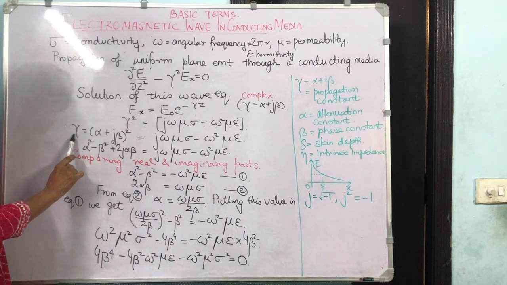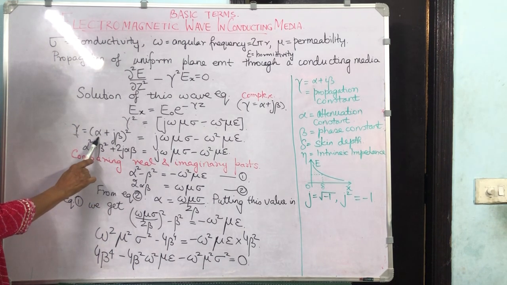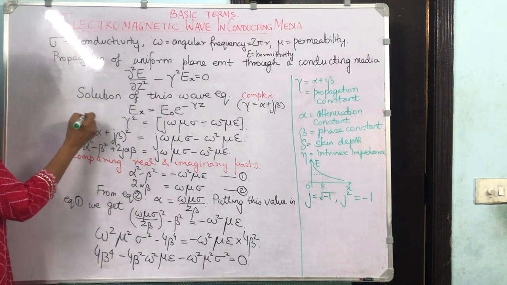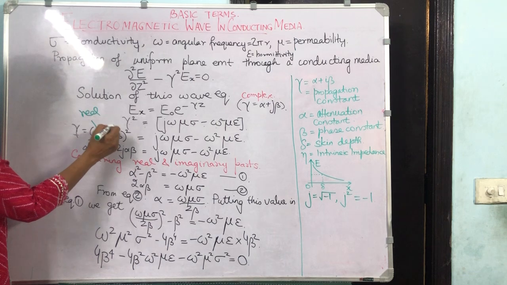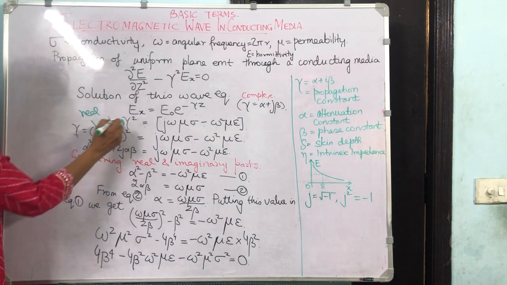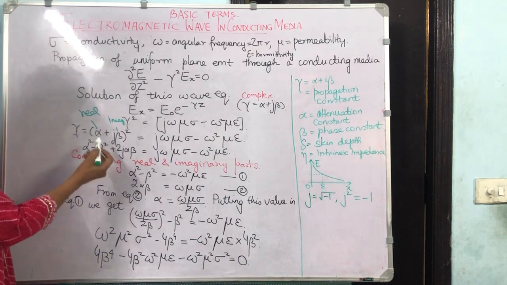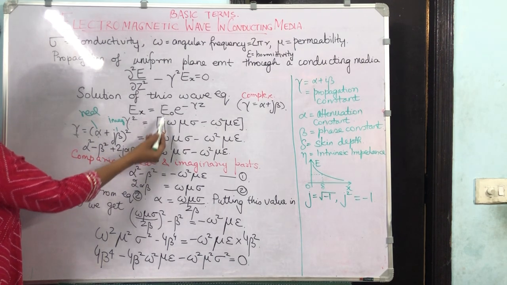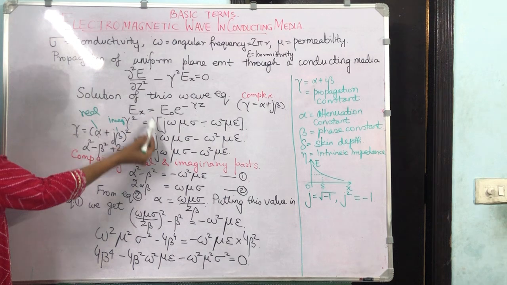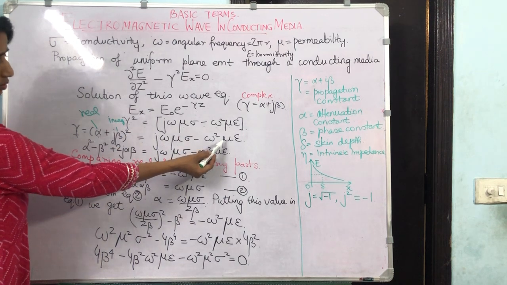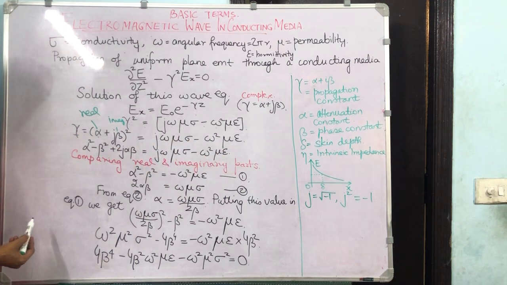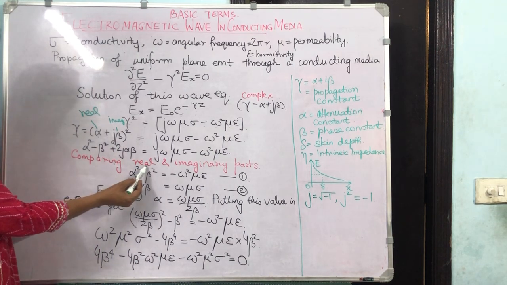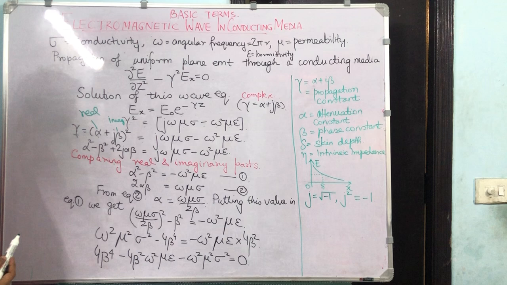Now we know that this is a complex quantity formed of a real and an imaginary part. So this becomes alpha plus j beta whole squared is equal to j omega mu sigma minus omega squared mu epsilon. Now what we are going to do is compare the real and imaginary parts.